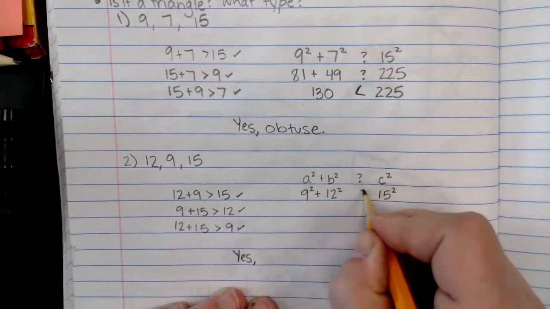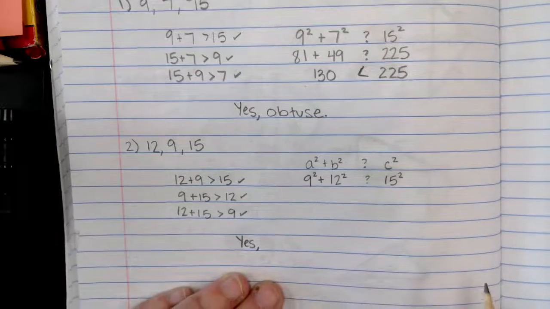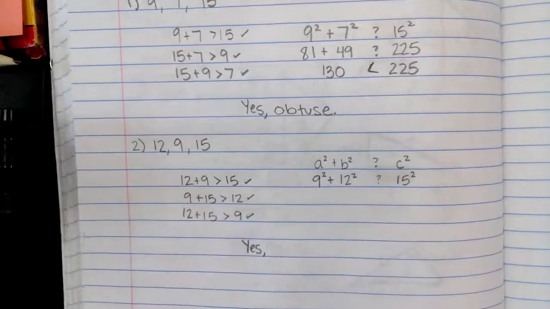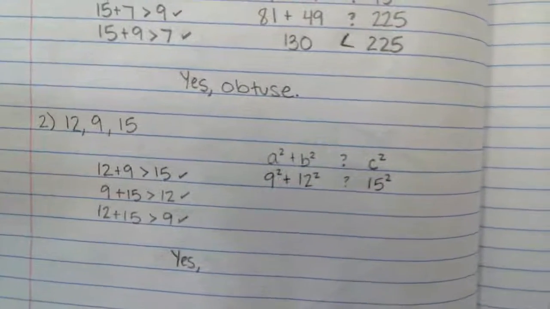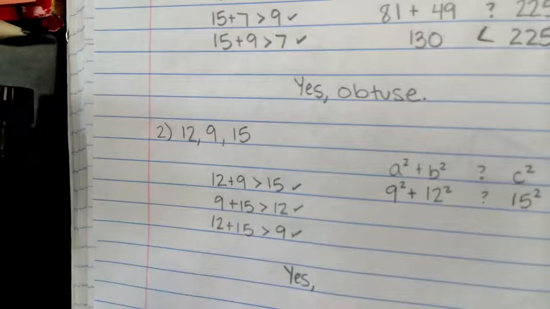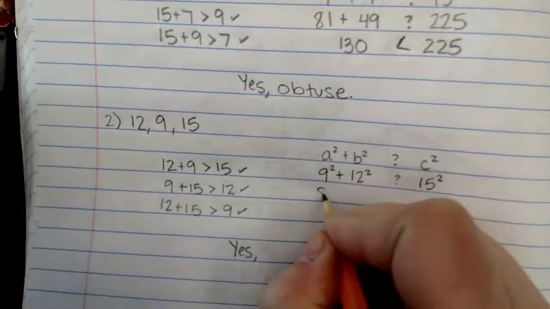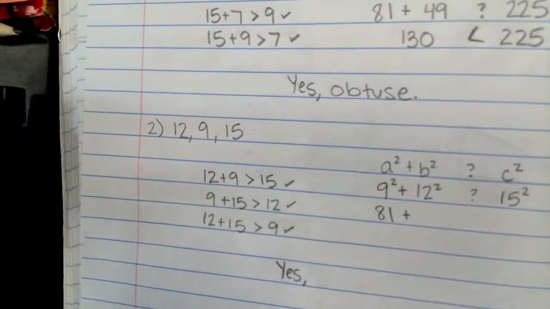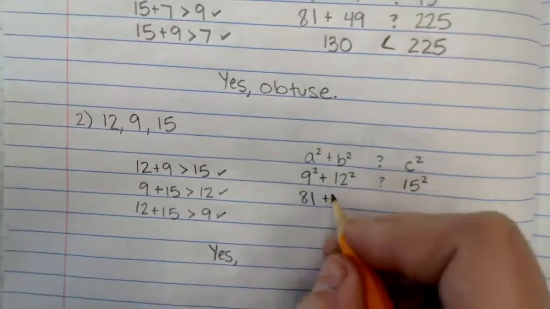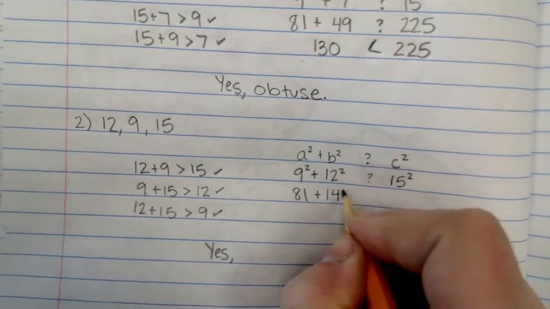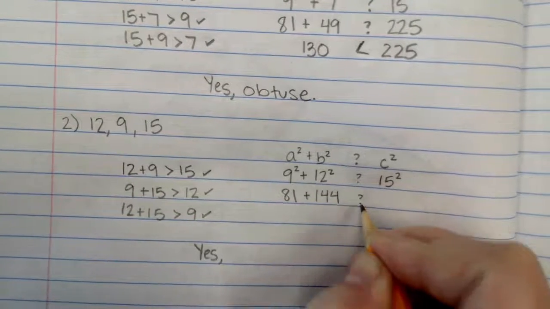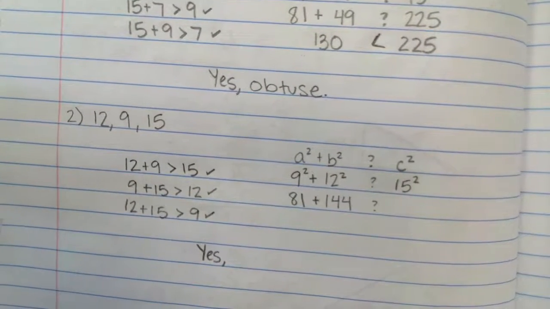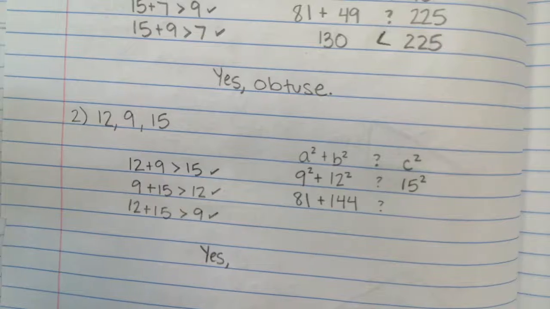So we did 9 squared up above. What's 9 times 9? Anyone know 12 times 12? 12 squared? 144. And what's 15 times 15? We just did it above. 225.